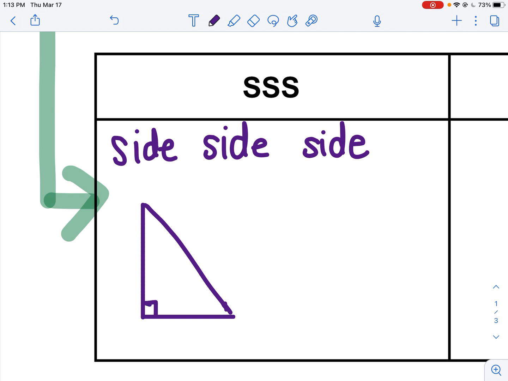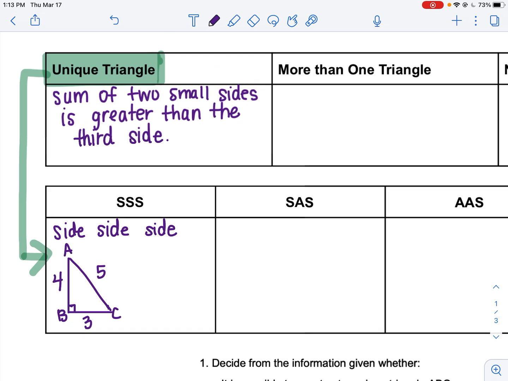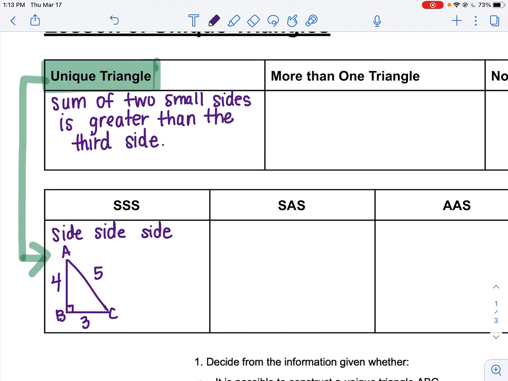When you are given a triangle that has a side, side, side quality, it is going to be a triangle that looks like a right triangle, and it's going to have letters on it to label the triangle corners or vertices. And then it's also going to give you some measurements. So again, in order for it to be a unique triangle, you're going to take the smallest 2 sides. So I see the smallest numbers are 4 plus 3.